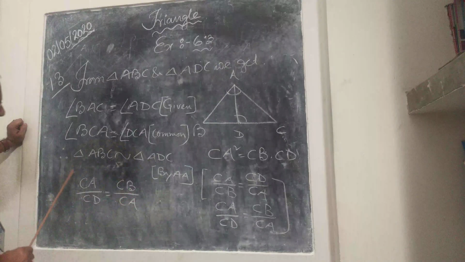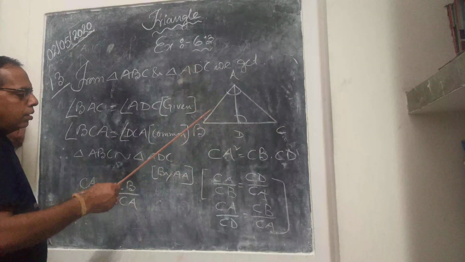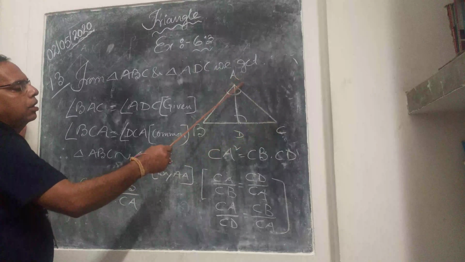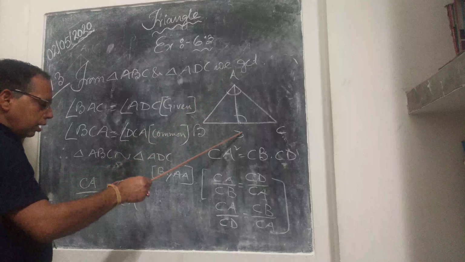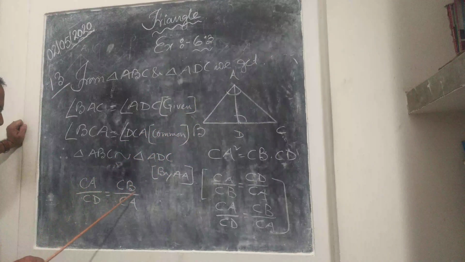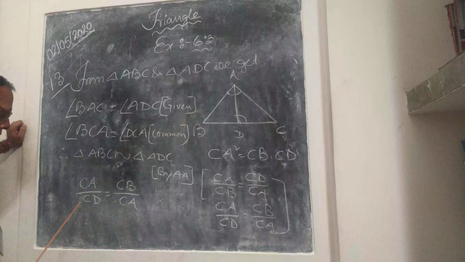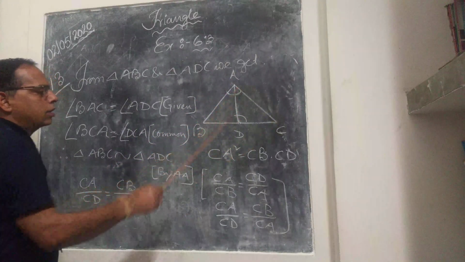The numerator of both sides is for triangle ABC and the denominator is for triangle ADC.